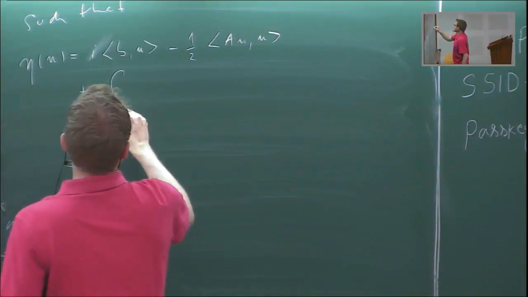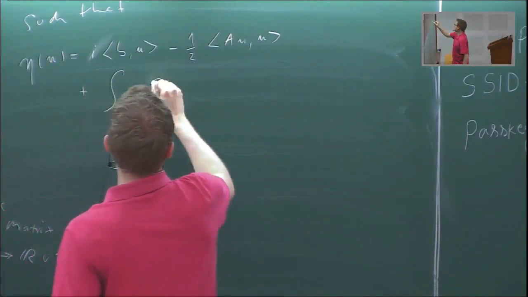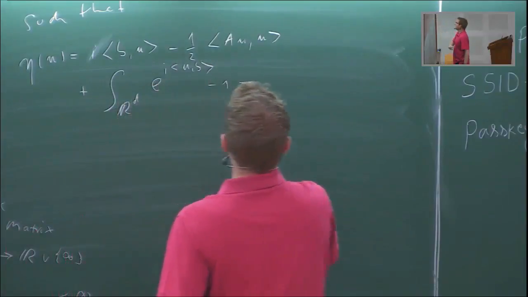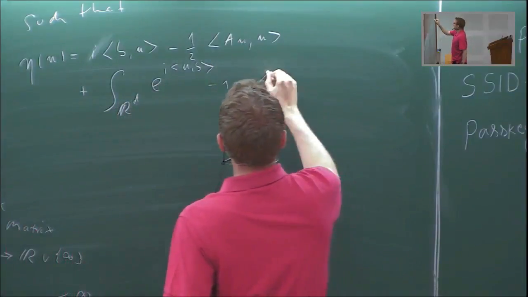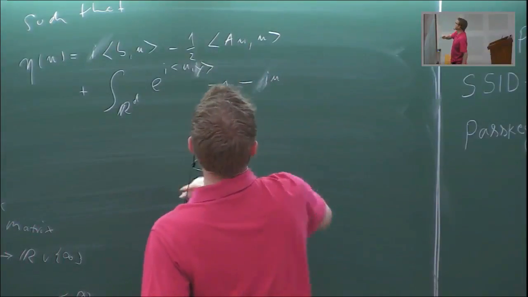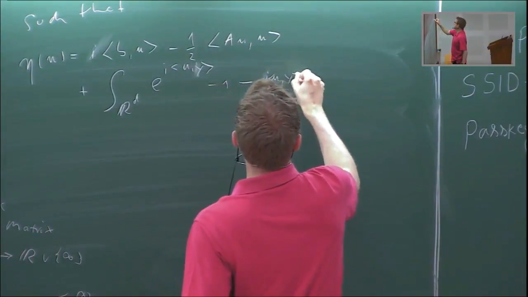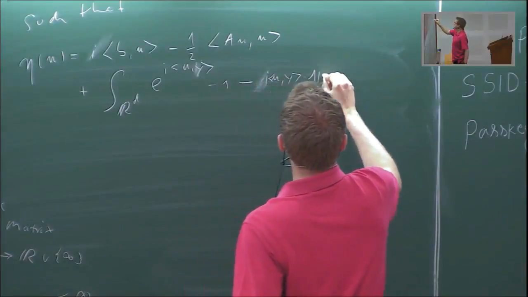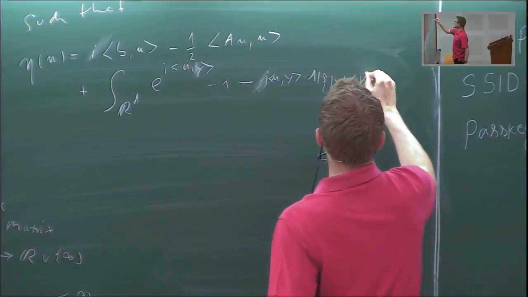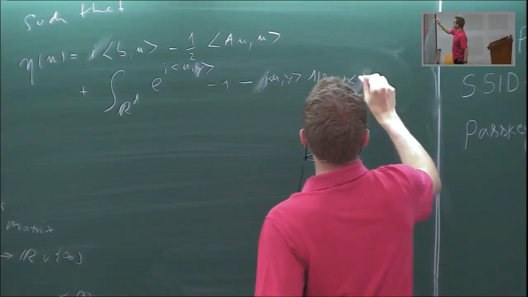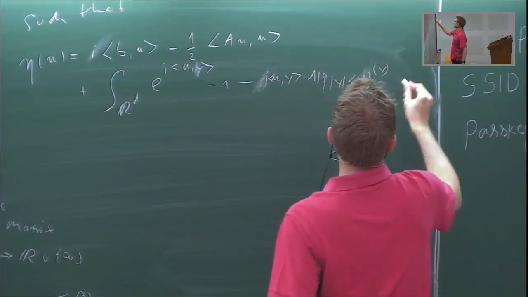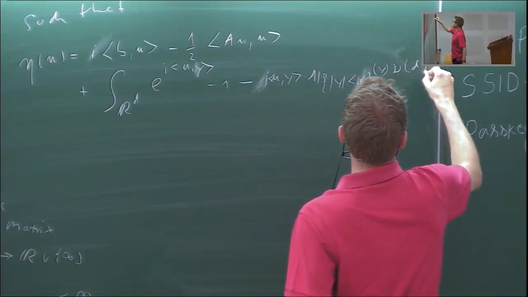It's the integral over R^d, e to the i u y minus 1, and here we have something to add, i u y, and here we have some indicator for the values that y is less than kappa, nu dy.